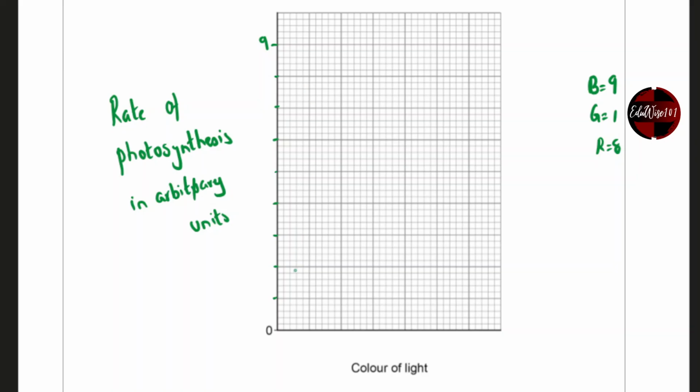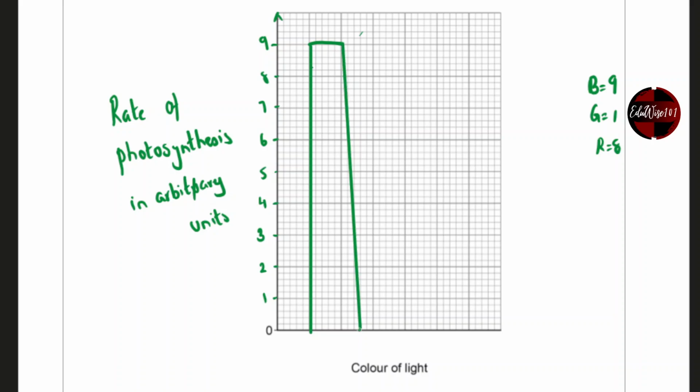That's 9. Don't have to go up to 10. And let's plot the blue, which is going to be 9. So let's see if I can get some straight lines here. No, it won't work. Hopefully this works. There you go.